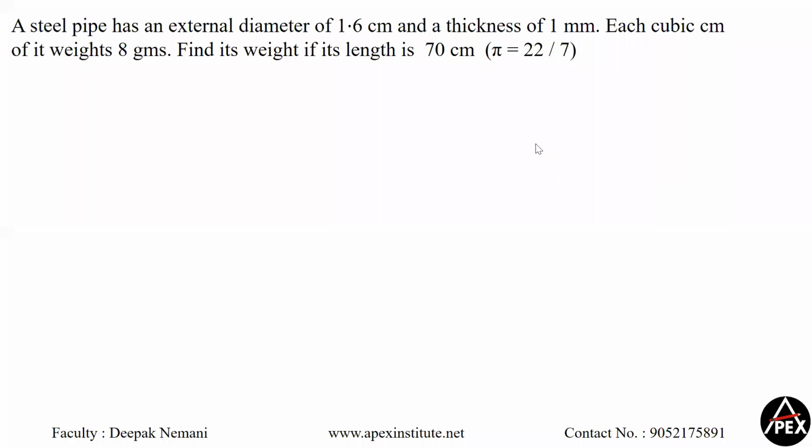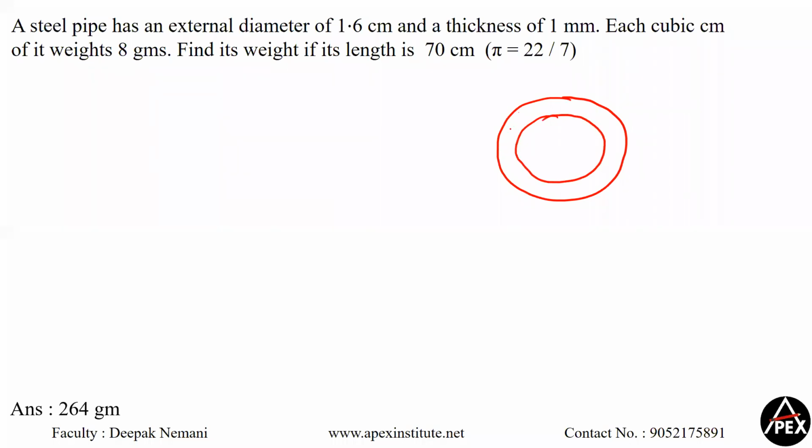Now a steel pipe has an external diameter of 1.6 centimeters. So let's draw the cross section of the pipe. So external diameter is 1.6 centimeters. Now what will be the external radius? 1.6 by 2, which is 0.8 centimeters. So this length is 0.8 centimeters.